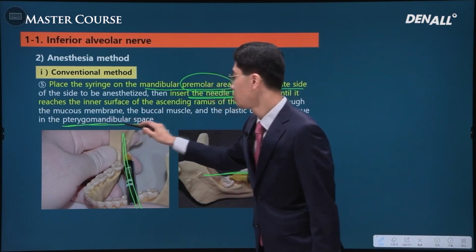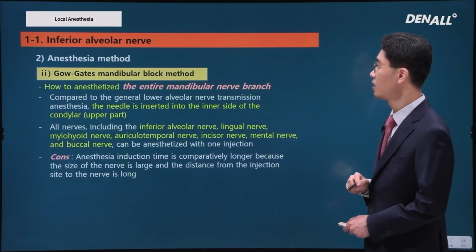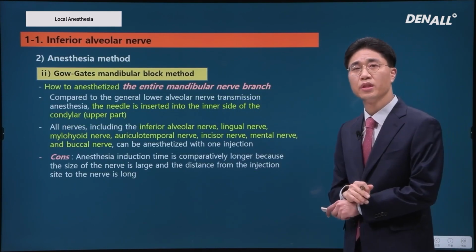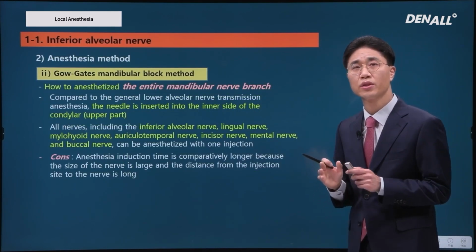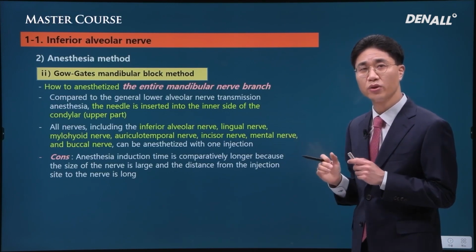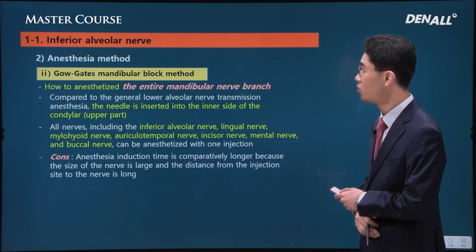This is a different method. We have talked about the traditional way to do block anesthesia on the inferior alveolar nerve. There's also another way called the Gow-Gates mandibular block method.